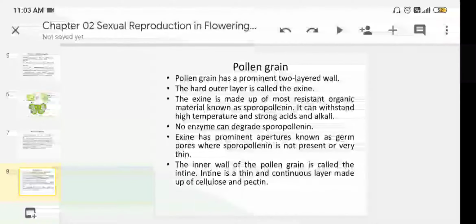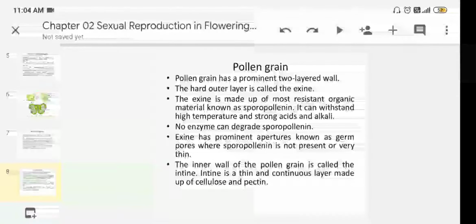Exine has prominent apertures known as germ pores, where sporopollenin is not present or very thin. It should be very clear that at certain locations the exine is not present or very thin. Such locations are known as germ pores.